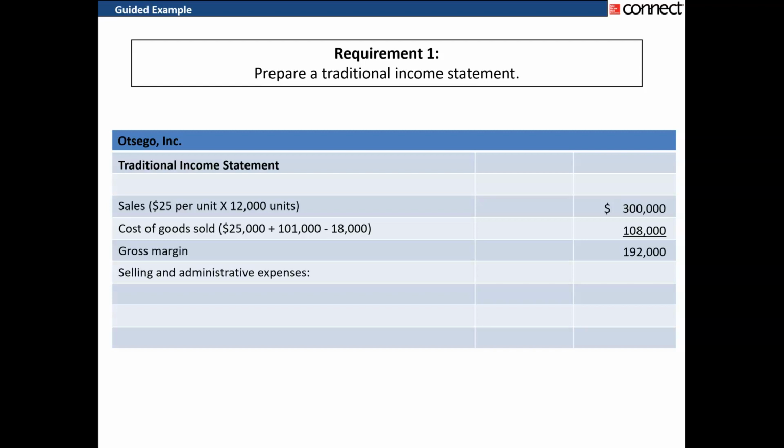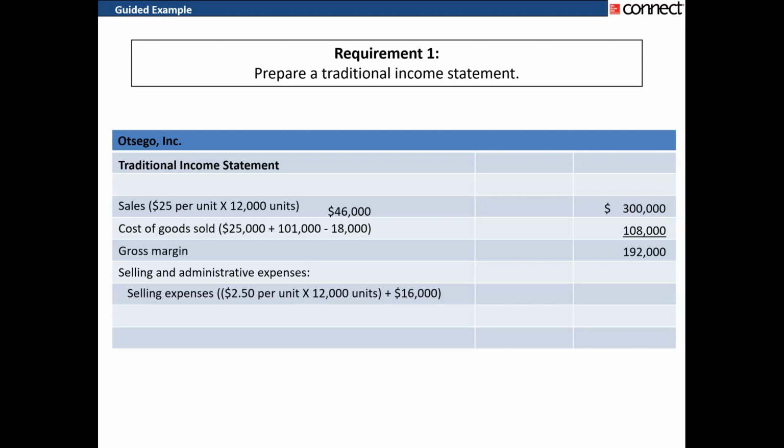After calculating your gross margin, we're going to look at selling and administrative expenses. And with the traditional income statement, we are not going to separate out the fixed from the variable. They're going to be combined together. Your total selling expenses will have an amount, and then your total administrative expenses will have an amount.